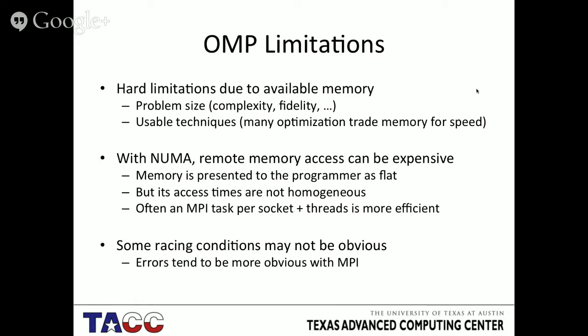The reason we as a center don't deploy very large shared memory systems, apart from the large memory nodes that we have with 1 terabyte of memory for 32 cores, is just because of the expense. We believe we can provide a much better service to the community by providing much larger systems and then providing some of these large memory nodes, which are smaller in number, to help people that cannot scale farther than a node. Large queues with NUMA.